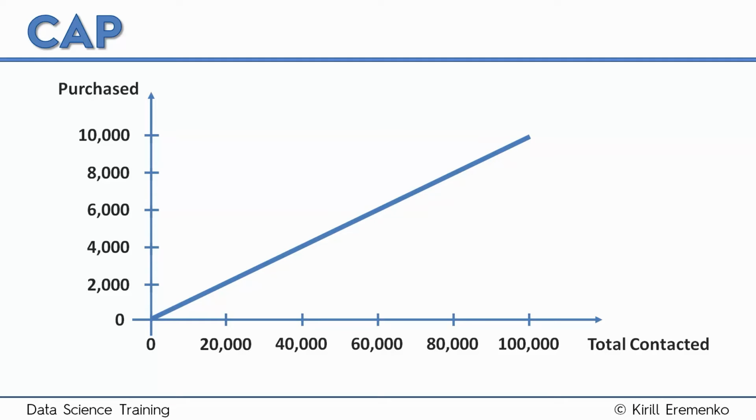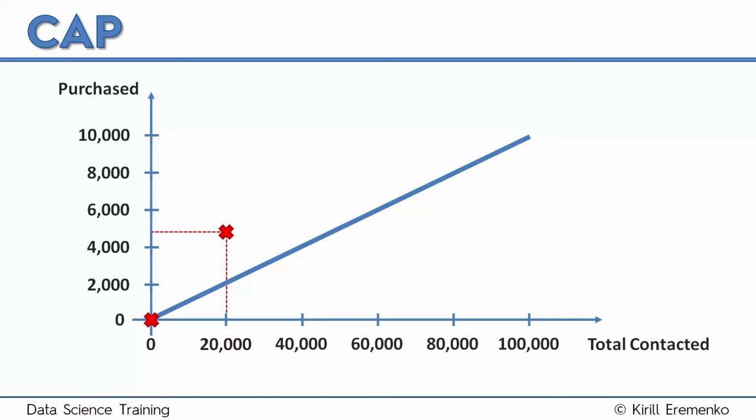It'll give them a probability of purchasing our product. And then we can use that probability to actually contact our customers. So, of course, if we contact 0 customers, we'll get a 0 response rate. But if we contact 20,000, we'll probably get a much higher response rate than just 2,000, because we're picking out the customers that are most likely to accept this offer.